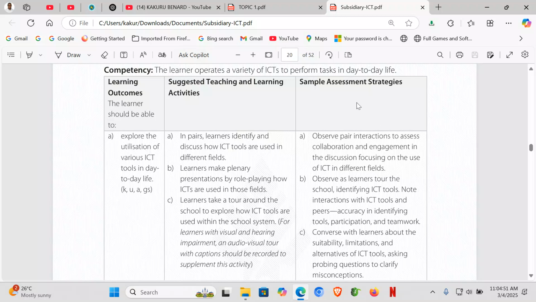Then there are what we call sample assessment strategies. As a teacher, you need to observe peer interactions to assess collaboration and engagement in their discussion, focusing on the use of ICT in different fields. Each suggested teaching and learning activity has its sample assessment strategies.